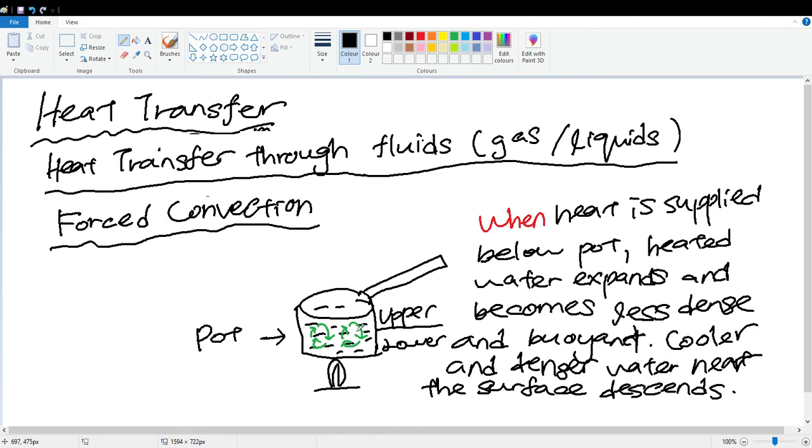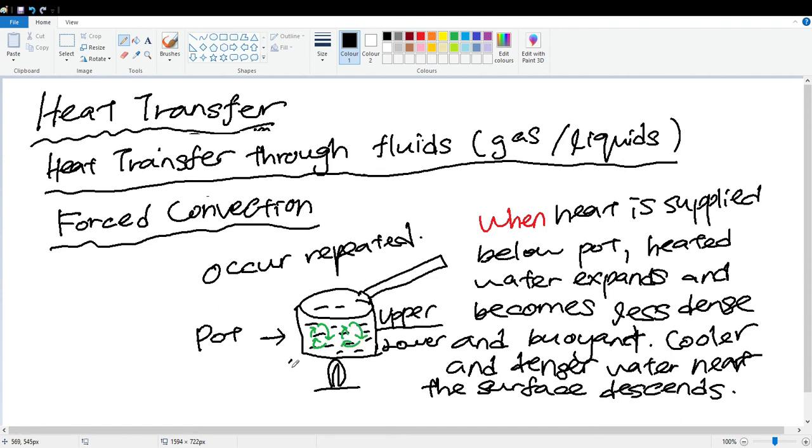So this process occurs repeatedly. So the repeated process causes the hot water and the cold water to keep changing direction. So the keep changing in direction causes the water to form a circulation process.